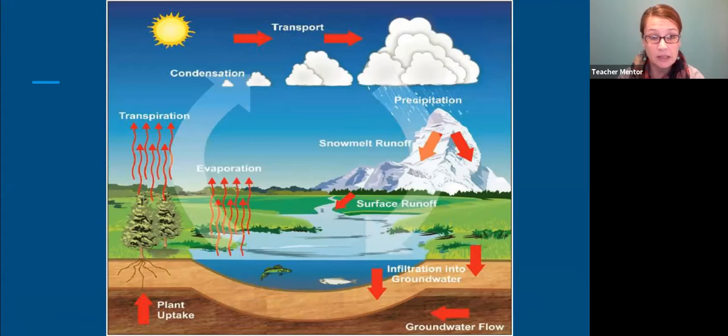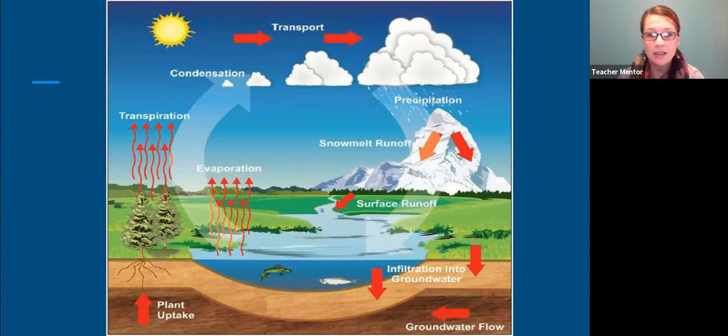Then we have, again, the sun adding energy to the plants and the trees, creating transpiration. Both of those joining the atmosphere and experiencing a temperature drop, and condensing, falling into clouds.